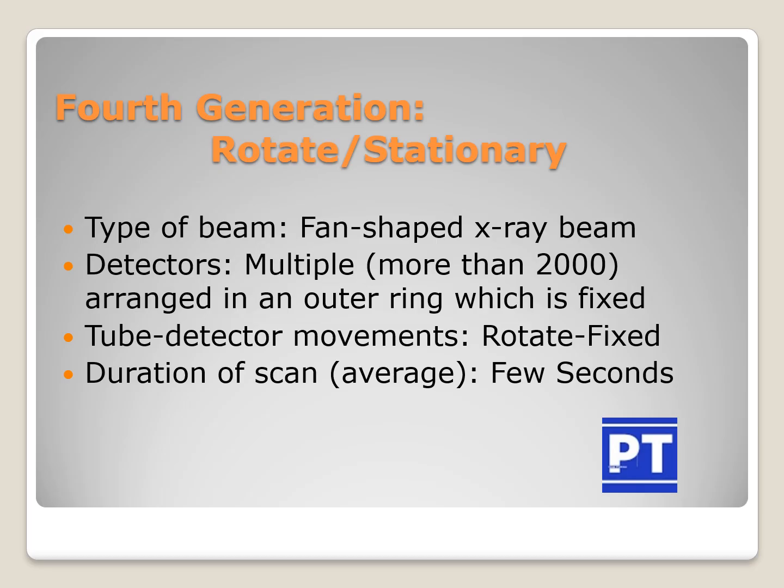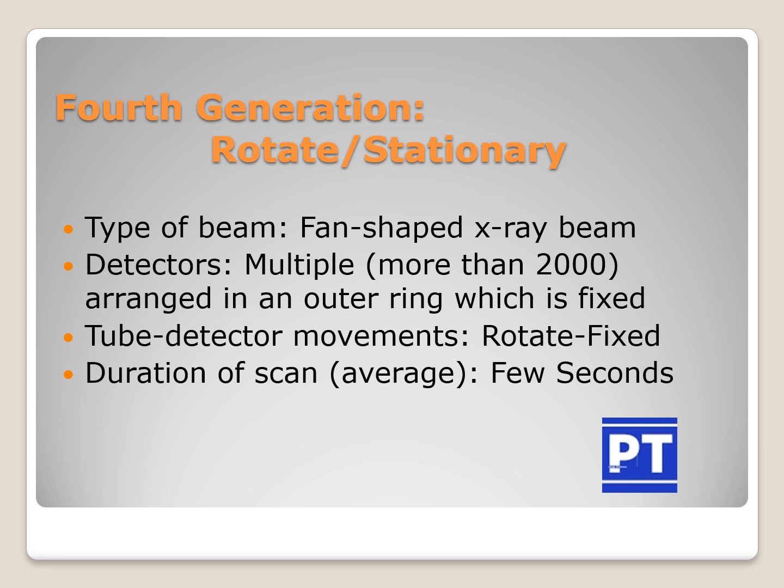Fourth generation, or rotate stationary detectors. So the first one was translate-rotate, the second was also translate-rotate, the third was rotate-rotate, and the fourth generation is rotate-stationary. Here the type of beam is the same as before, a fan-shaped X-ray beam.